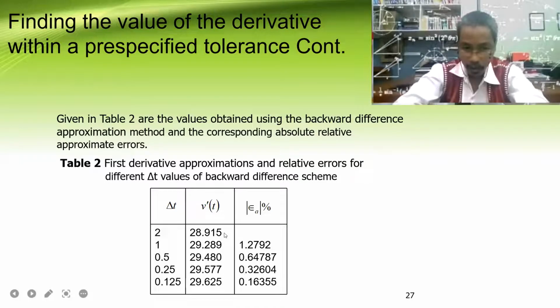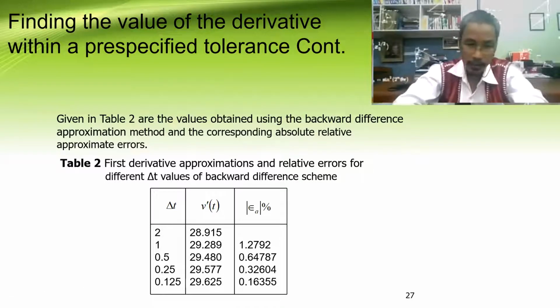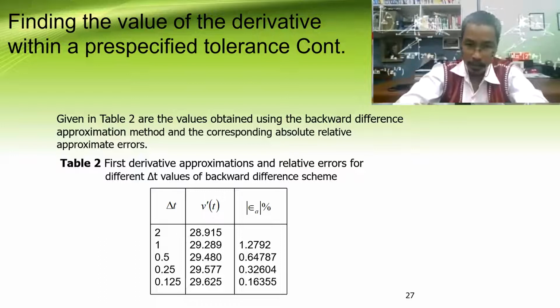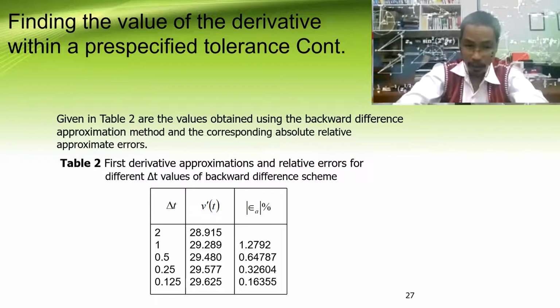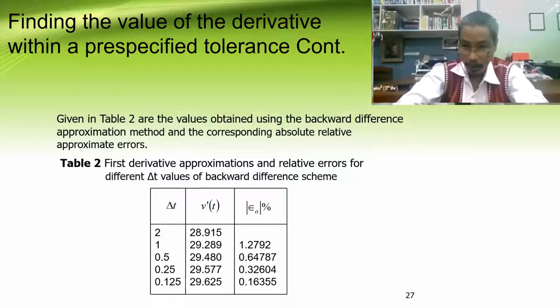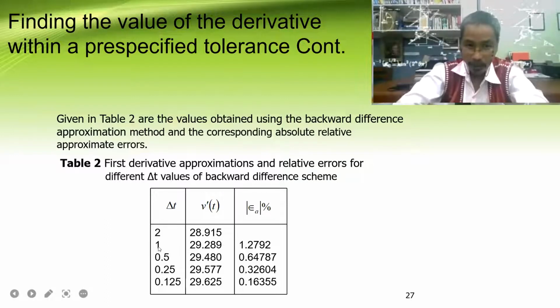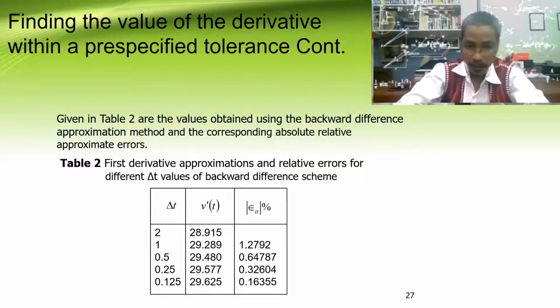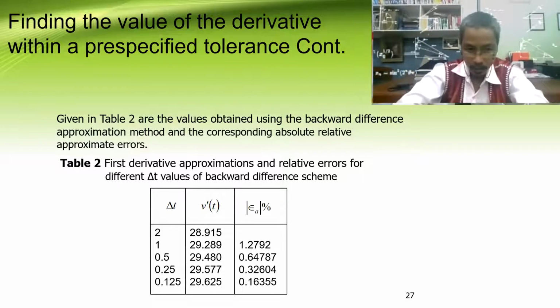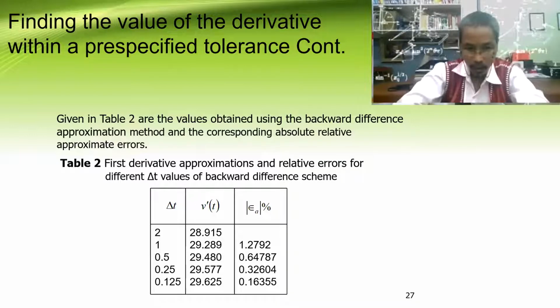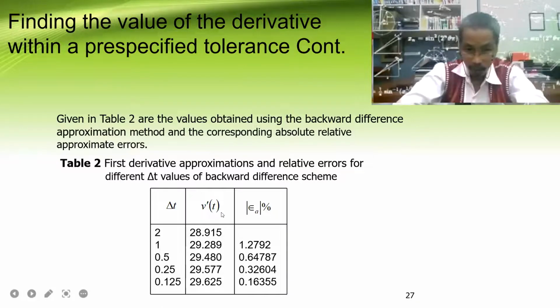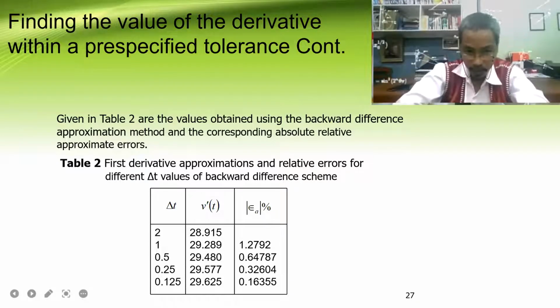So we are going to find, from our previous example, our answer is 28.915. If we make the step size smaller and smaller, we can get smaller and smaller values of error. This is the value of error.